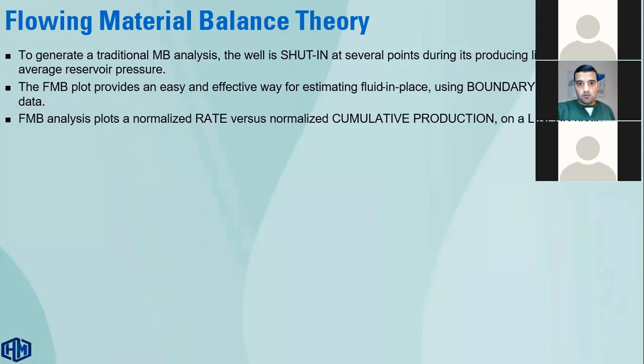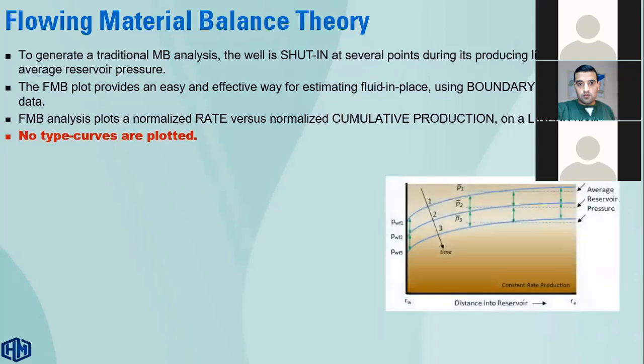Flowing material balance is an effective way to get the estimated reserve. In this technique, we have no type curves. It's typically an analytical technique. As you can see, this technique is applicable during the boundary dominated flow, as mentioned before.